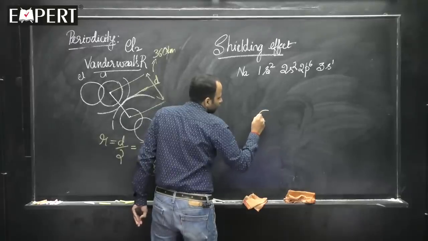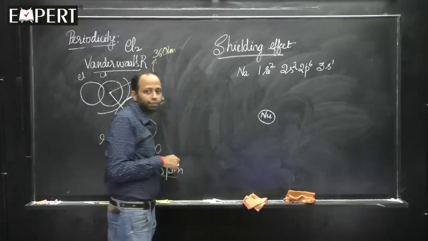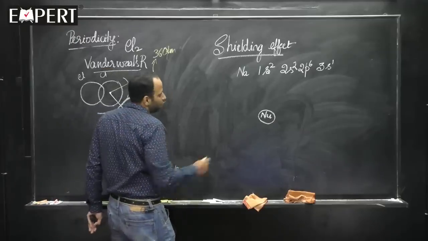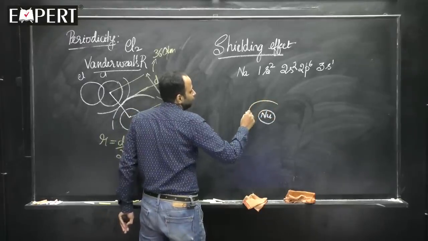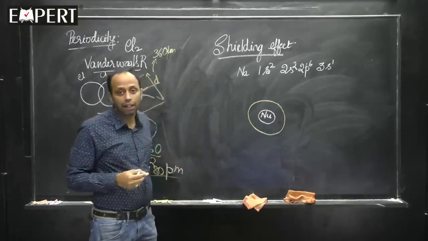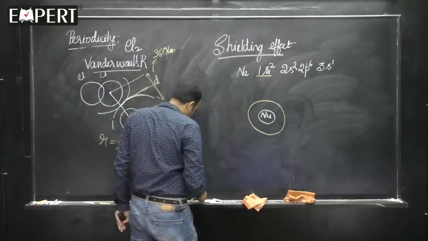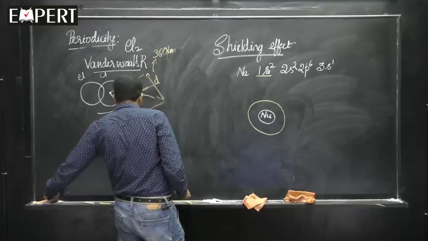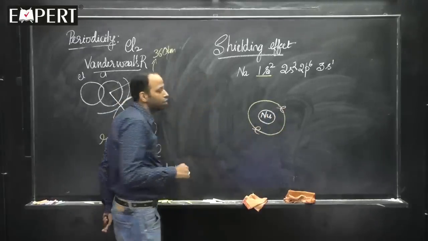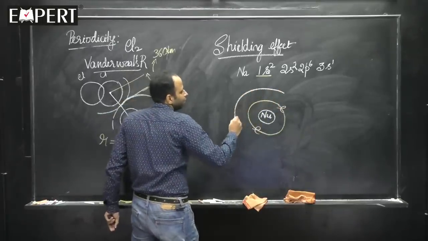So, if I take sodium now, this is going to be my nucleus. Okay, it has 11 protons. Then what I will do is I will take this one. This is my first shell. First shell is going to be 1s2. So, how many electrons can I write? I can write 2 electrons. I will put electrons here somewhere, it can be anywhere. Now, I will take the second shell.